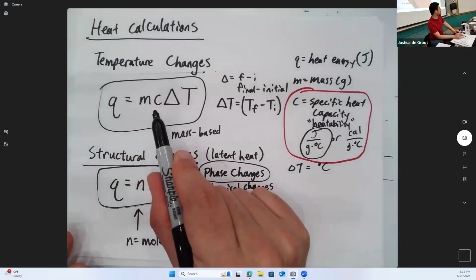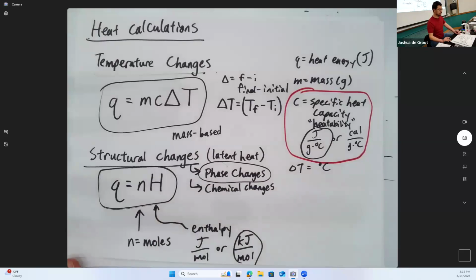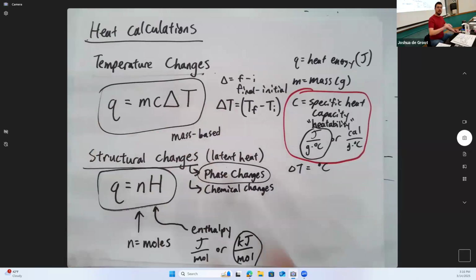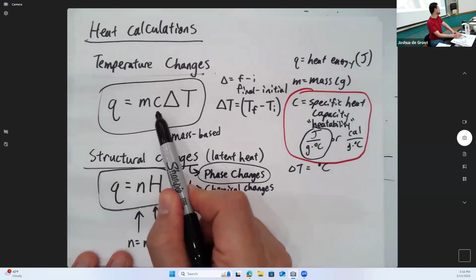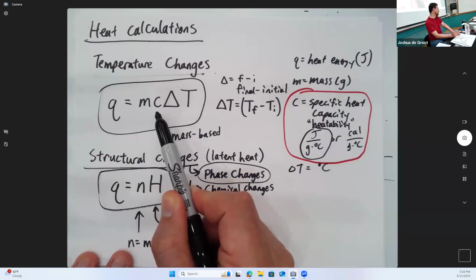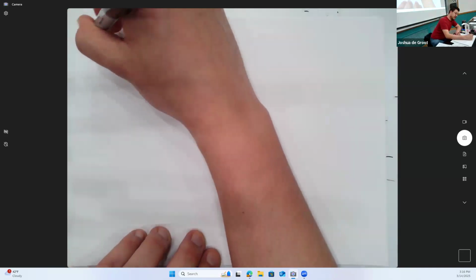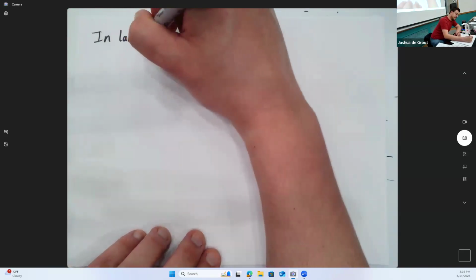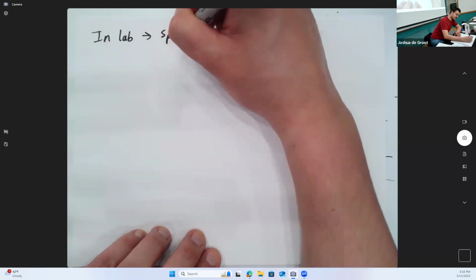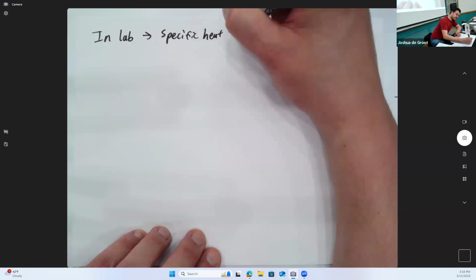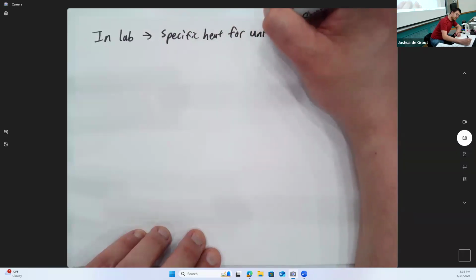Earlier we talked about the equation of temperature changes, Q equals MC delta T. If we are combining two substances with each other and have them equilibrate at the same temperature, you have a special ability of finding out the specific heat of some unknown material. And that's what you all did in lab. So in lab, you found the specific heat for an unknown.